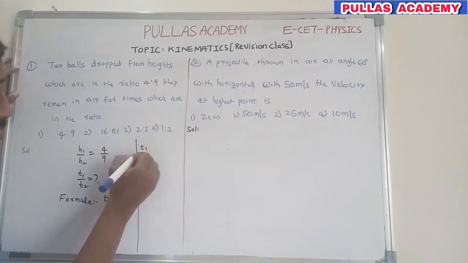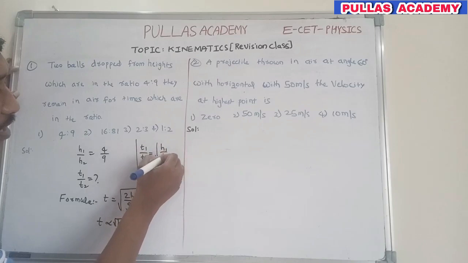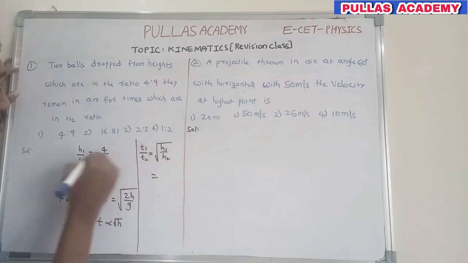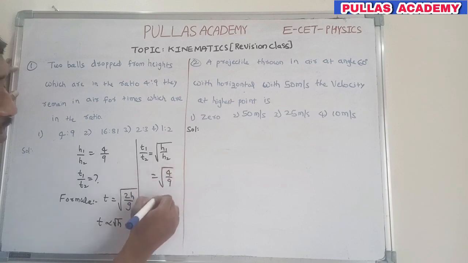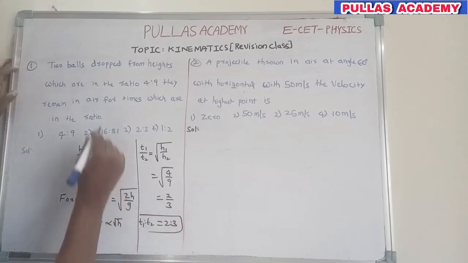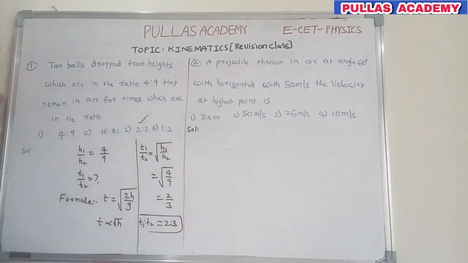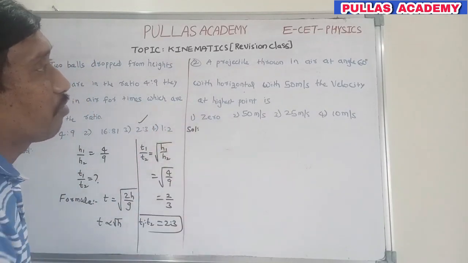If they are directly proportional, the ratio of times is equal to the square root of the ratio of heights. The ratio of heights is given as 4:9, so the square root of 4/9 is 2/3. So the answer is T1 to T2 is 2:3. The third option is the correct answer. That's it.